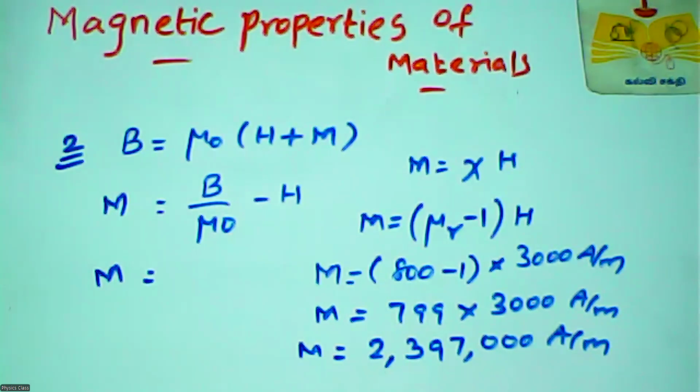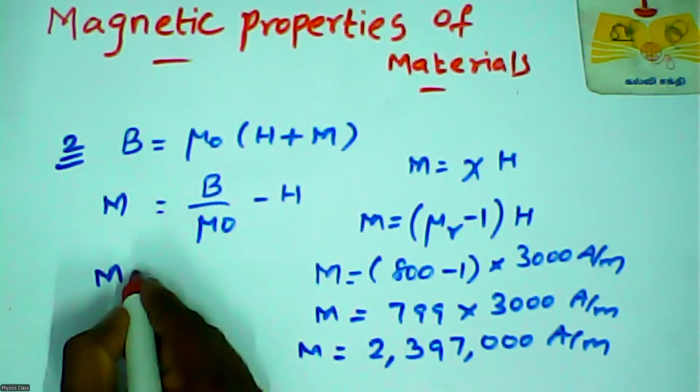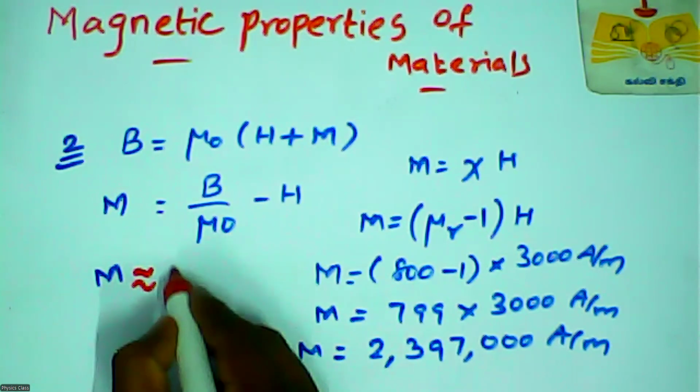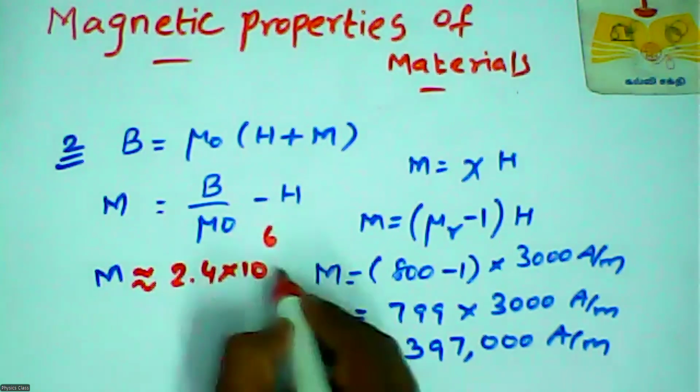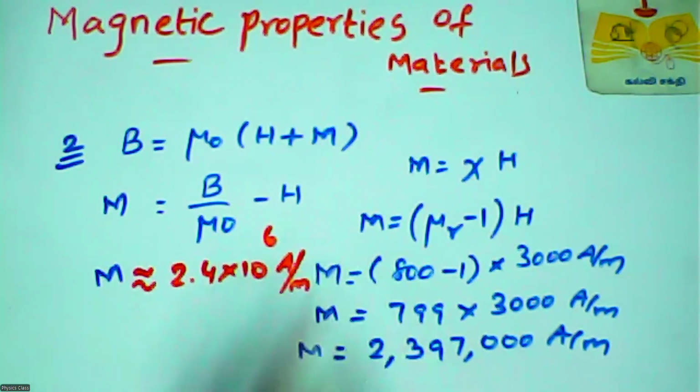This is the value for M. We can write it approximately as 2.4 into 10 power 6 ampere per meter. So this is the value for magnetization, 2.4 into 10 power 6 ampere per meter. This is for problem number 2.